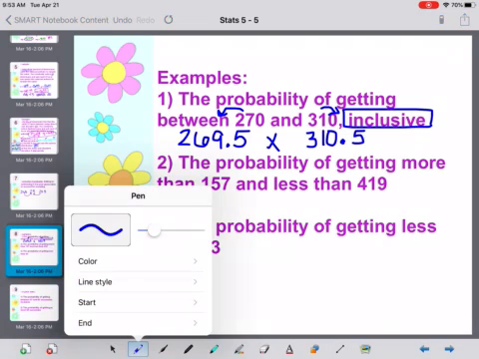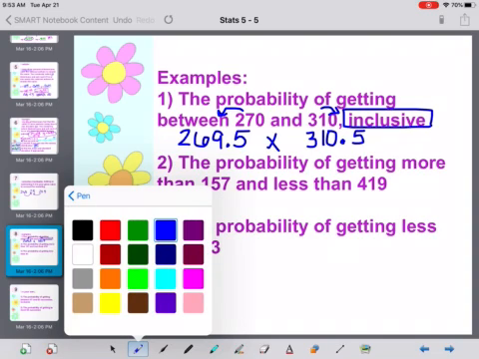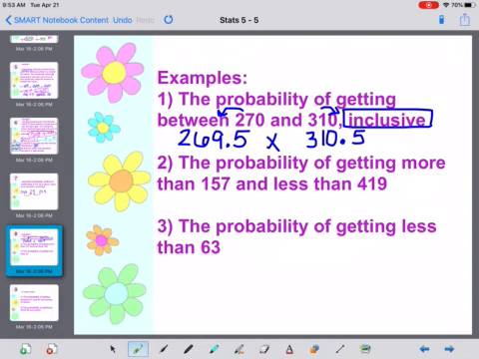You put your X in the middle, and then you have to put your greater than, less than, greater than or equal to, less than or equal to. The fact that it is inclusive means that it's equal to. So anything 269.5 and above is going to round up into our proper distance.